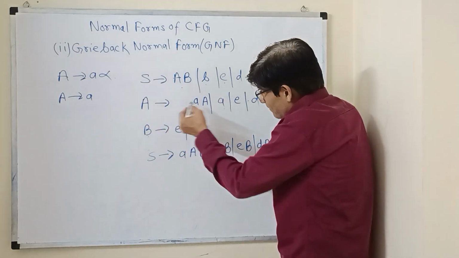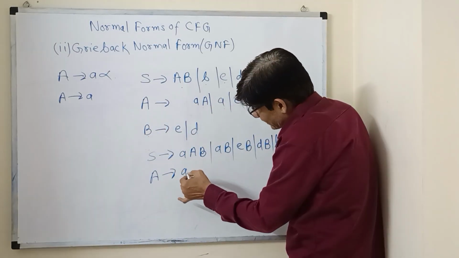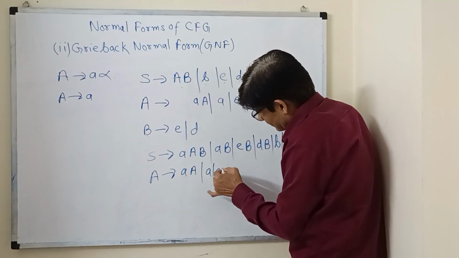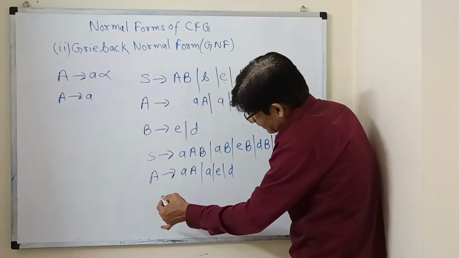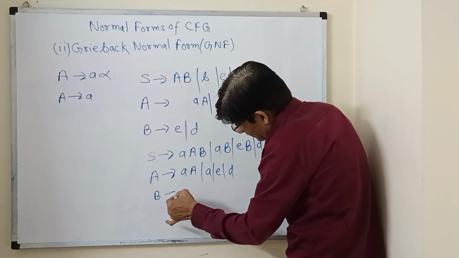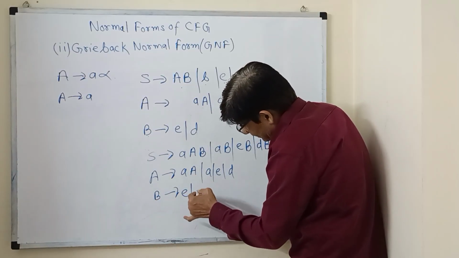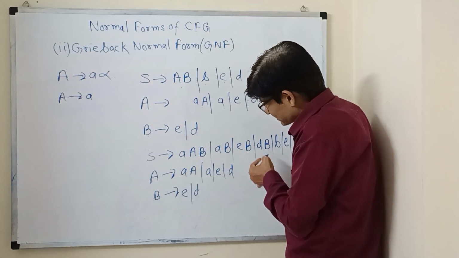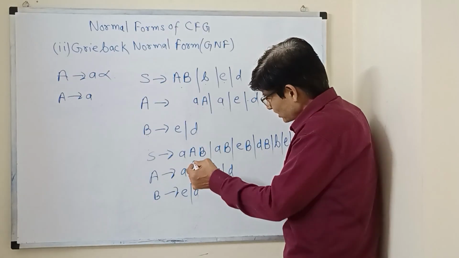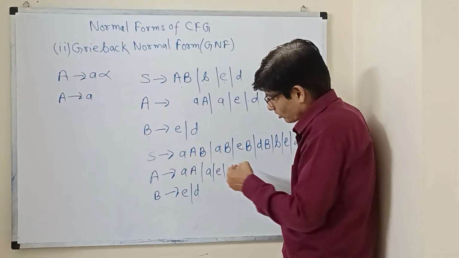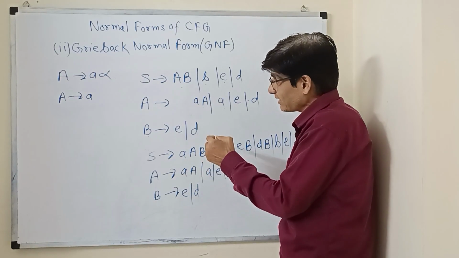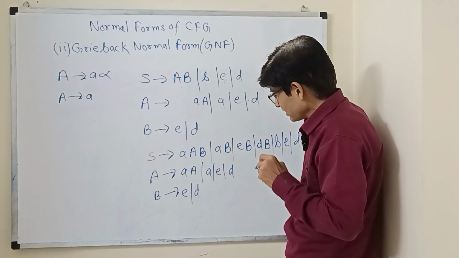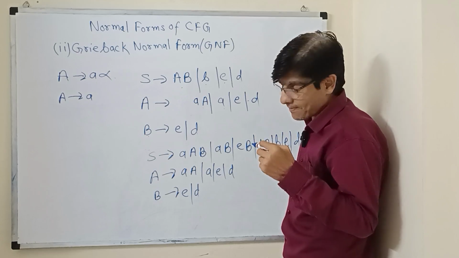Now the productions of A are small a, capital A, then E, then D, and the productions of B are small e and small d. Now you can see, my friend, all these productions are in GNF, as all start with a terminal and are followed by any string of variables, and this string may be epsilon also.